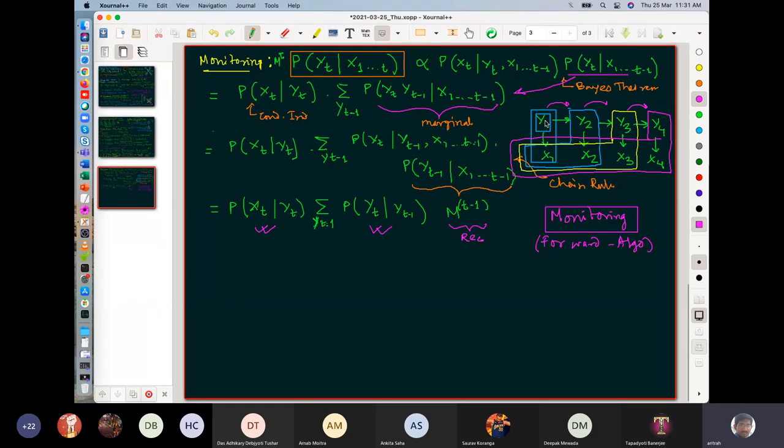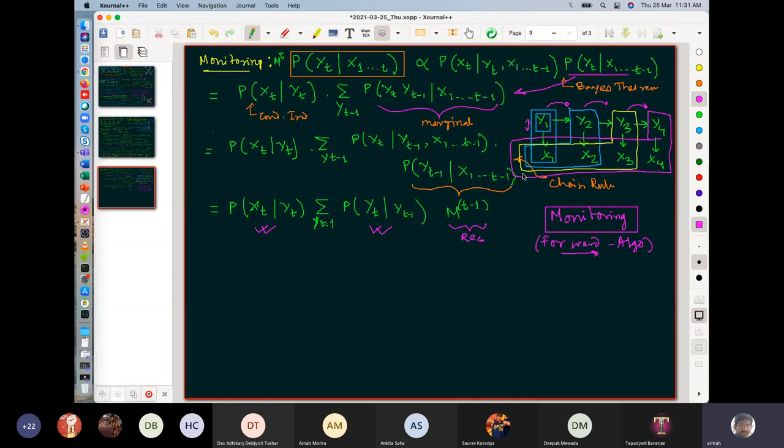But the computation goes in one pass. Prior of this, multiplied by the probability of this one, then the probability of this one multiplied again, and again, up to y2, then up to y3, then up to y4. It's a forward pass that we are making, and that's why it is called a forward algorithm. The thing that we discussed is called a forward algorithm in monitoring.